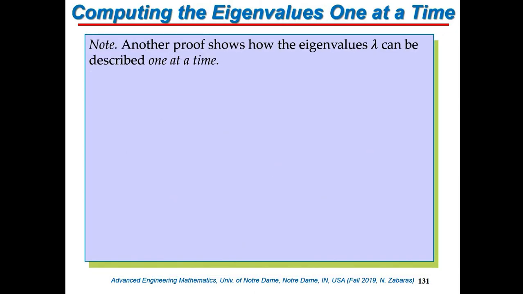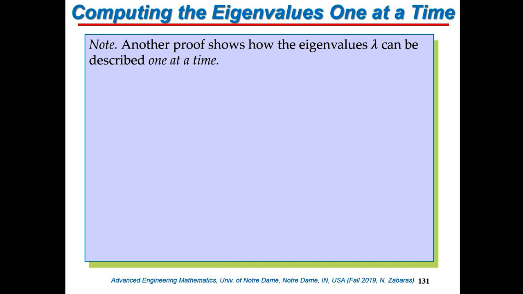Okay, there is another way of computing eigenvalues, and that is very common in problems in mechanics and variational methods, where you proceed by computing one eigenvalue and one eigenvector at a time.